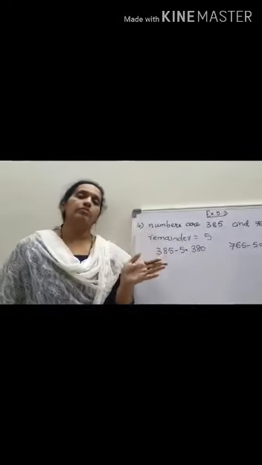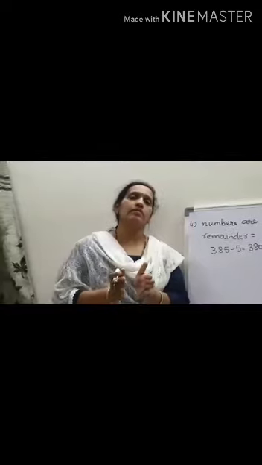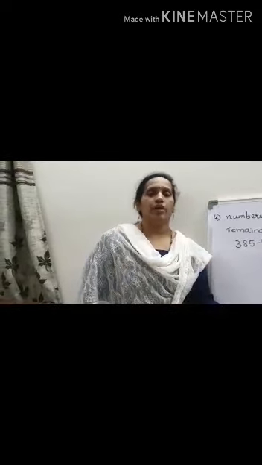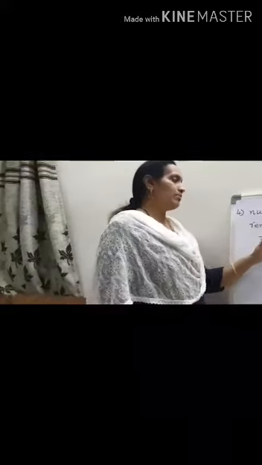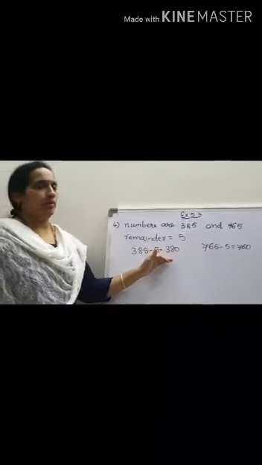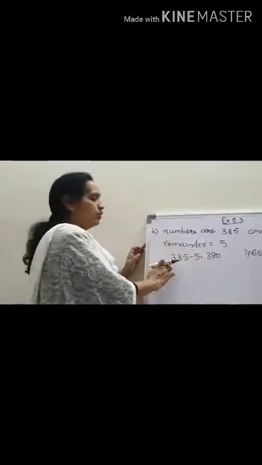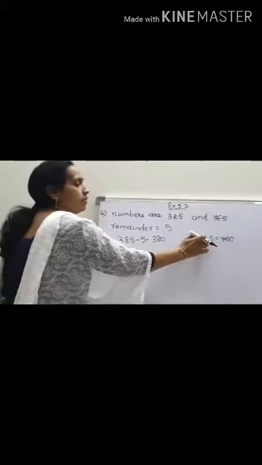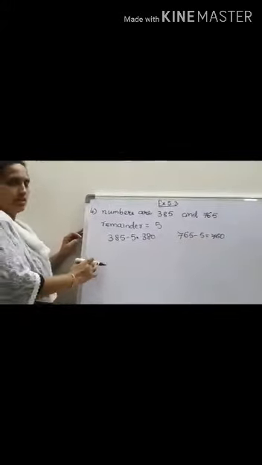But usually factor means the number divides exactly without leaving any remainder. But here it is leaving a remainder of 5. Here the remainder is nothing but the leftover. So when you subtract the leftover, we get the number which is exactly divisible. So 385 minus 5 is 380 and 765 minus 5 is equal to 760.